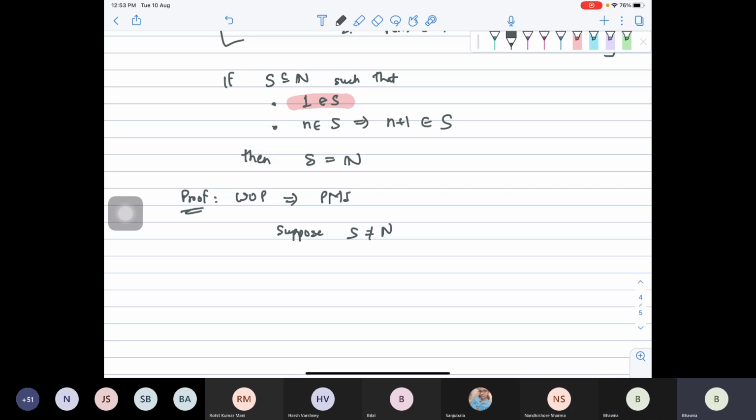That means N minus S, suppose I denote it by T, is non-empty.